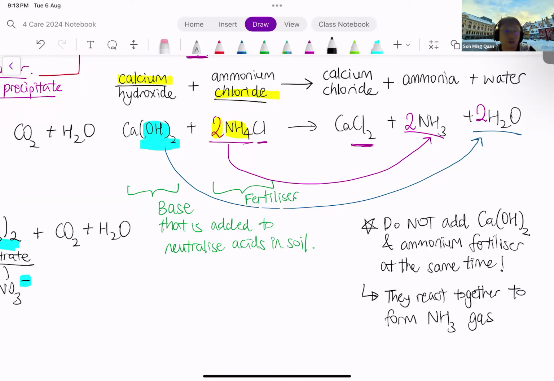So they react together to form ammonia gas, which, okay, to you maybe it's not a big thing, but actually this escapes from the soil. That's logical. The gas won't stay in the soil, right? The gas will escape.